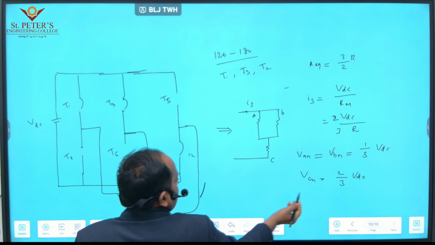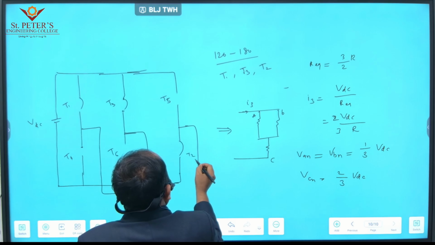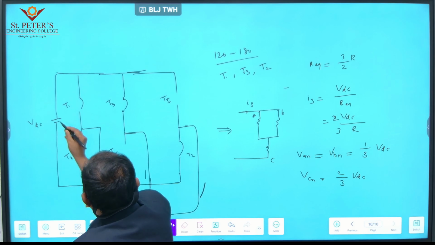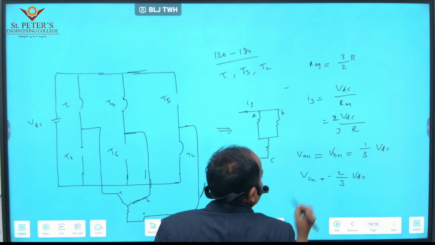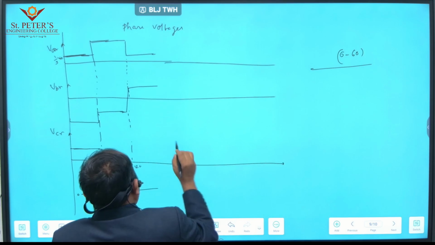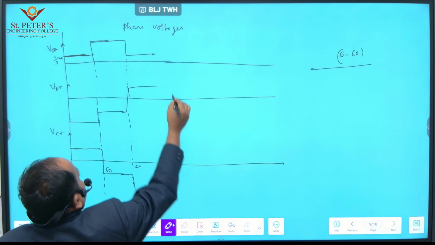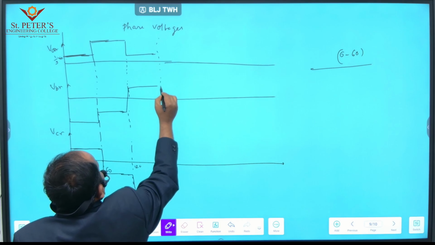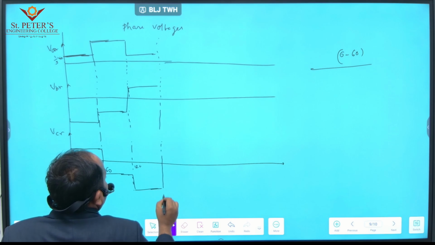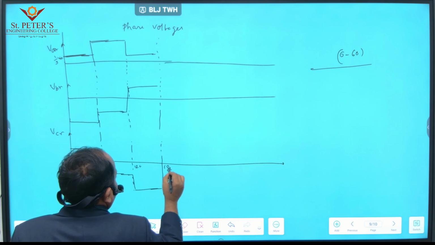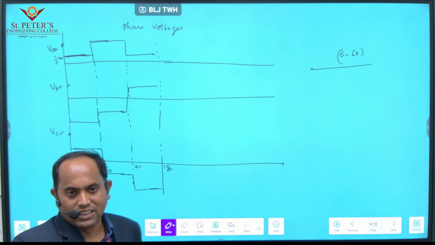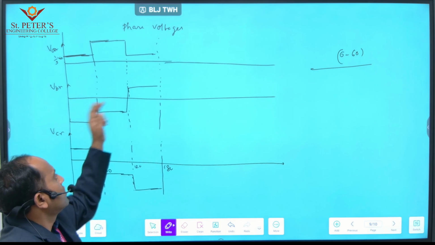Because C is connected to thyristor T2, which is connected to the negative terminal of the battery, that's why this value is minus. So that is up to 180 degrees, and we have completed the half cycle, 0 to 180 degrees.